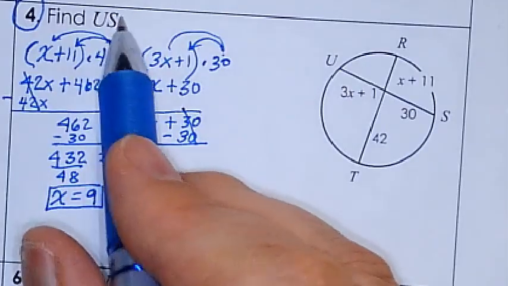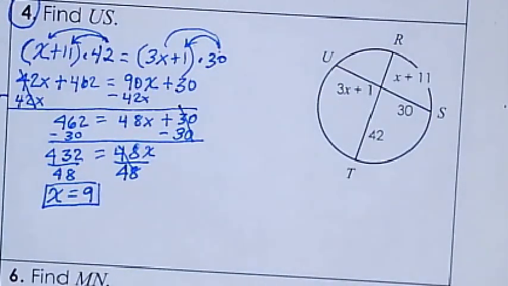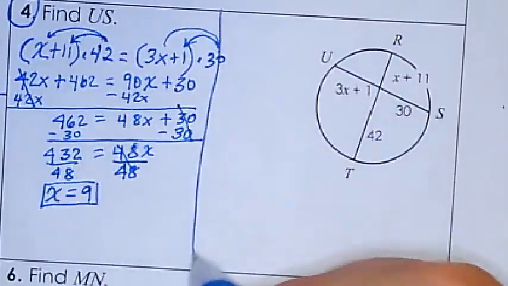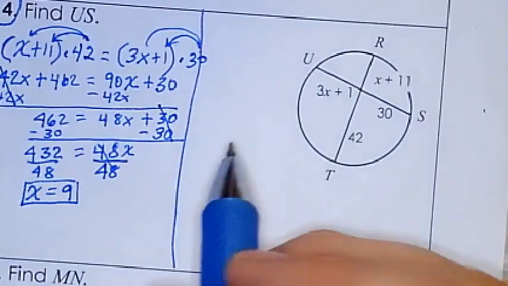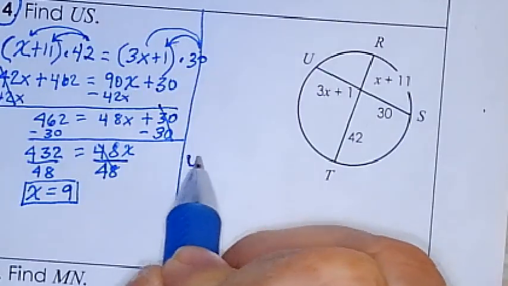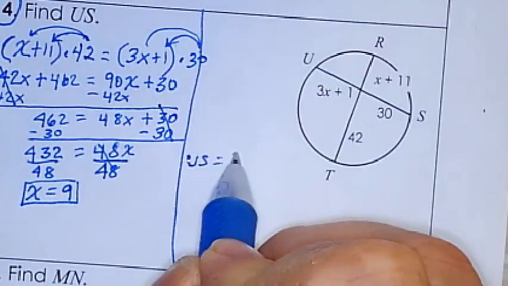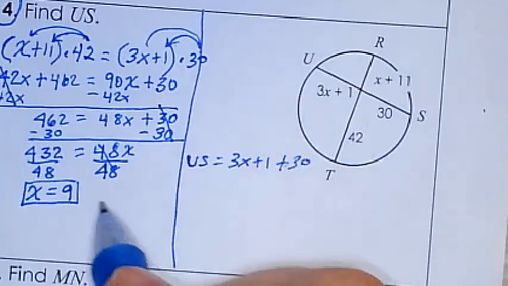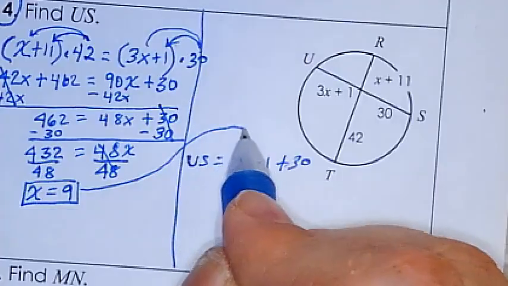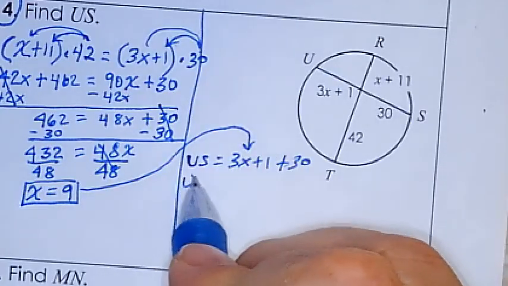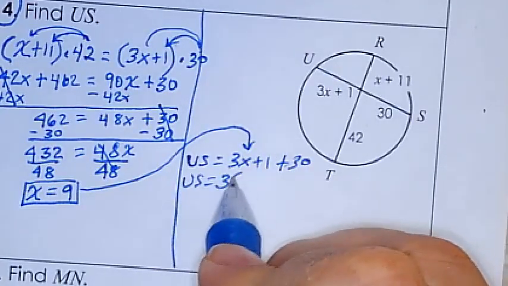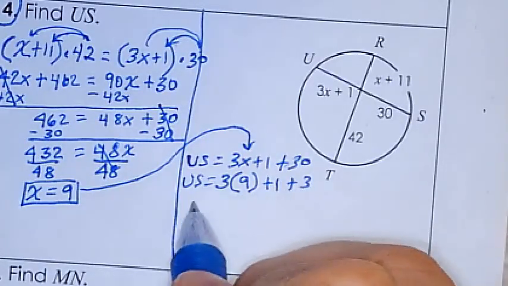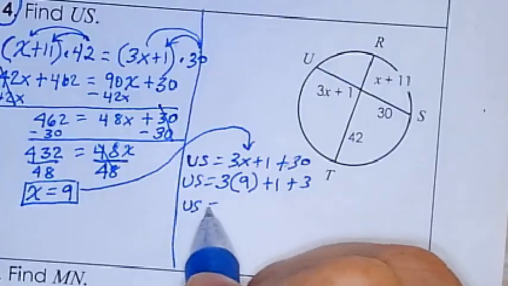But wait, remember, US equals 3x plus 1 plus 30. Then you put the 9 there. 3 times 9 plus 1 plus 30. Did everybody get 58? Okay, I think it's 58.